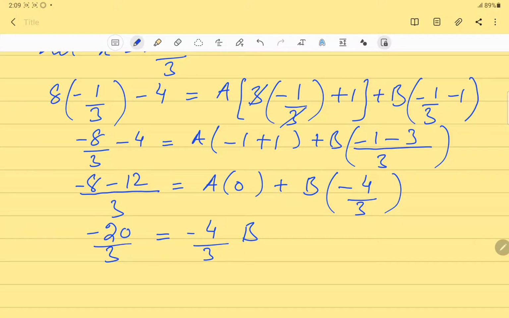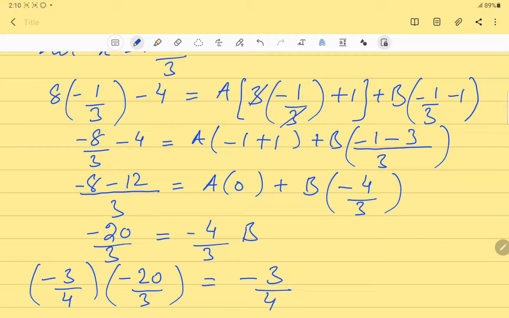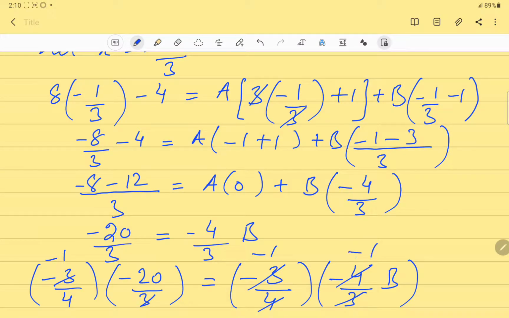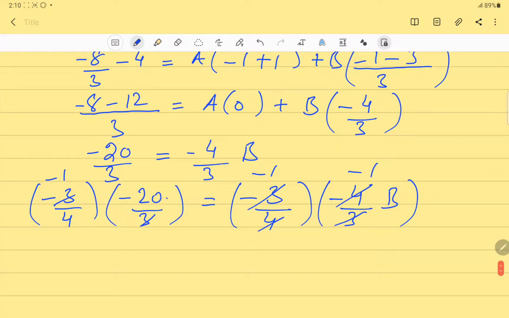We will multiply both sides by minus 3 over 4. So when we do that, minus 3 over 4, this 3 cancels with this 3, 4 cancels with 4, so minus 1 minus 1, minus 20, and this 4 cancels with minus 20, so it is minus 5.